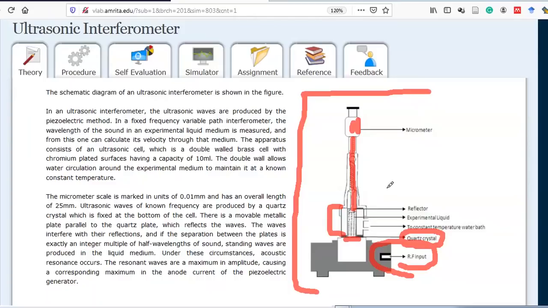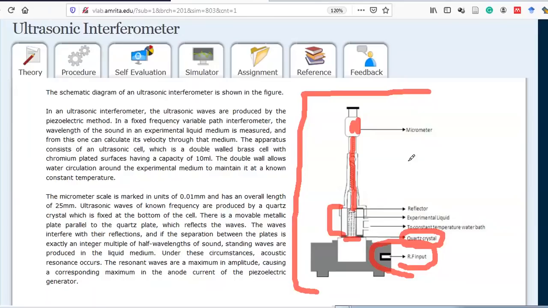So this is the requirement to generate the waves inside this stationary wave, or whatever you call it. So that will be there using these standing waves. This is how I told you the principle, how it works. What you can do is change this micrometer to control the movement of the reflector.